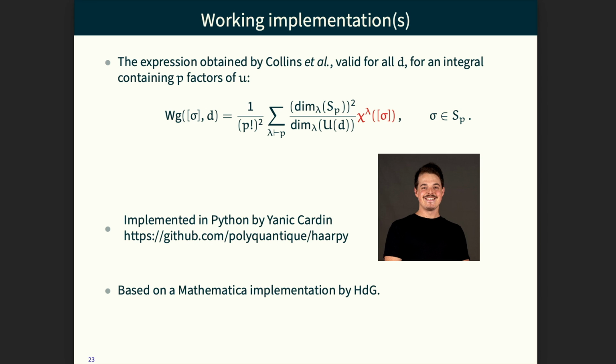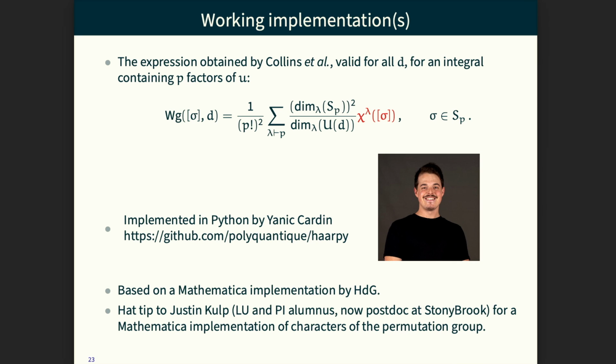And I gave him a mathematical implementation. I should tell you that I had a student who did his PhD at Perimeter, and that part in red is really hard to compute. So I had an undergraduate student do that. It was really interesting.